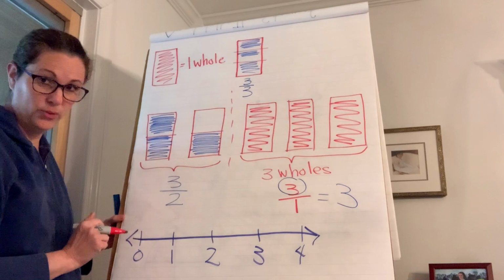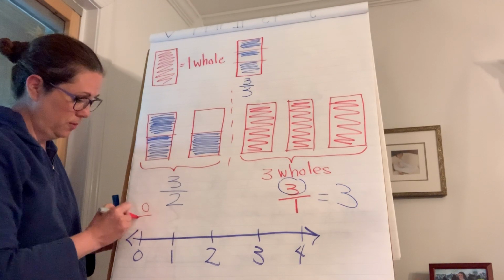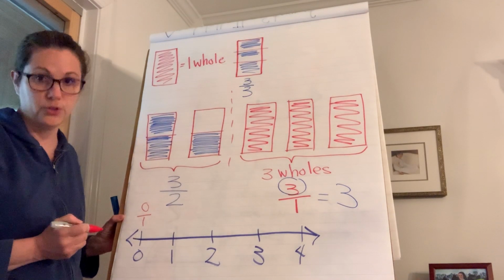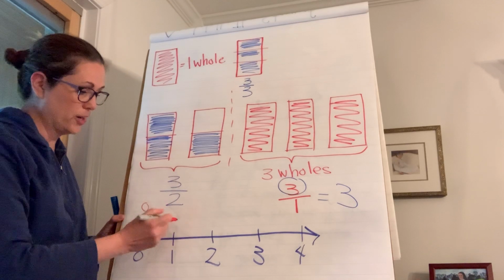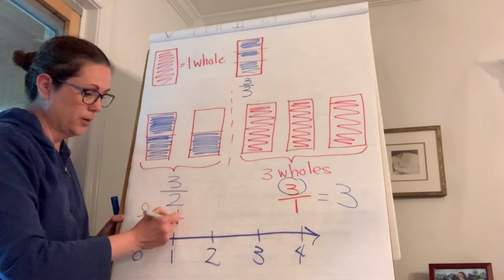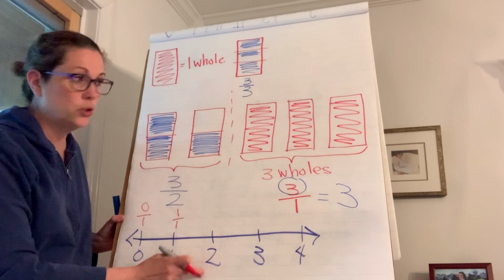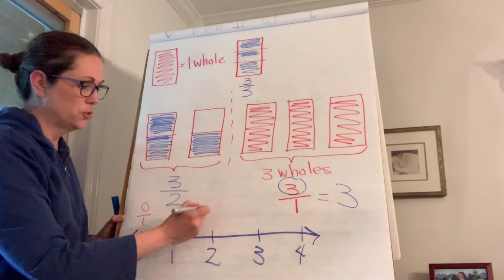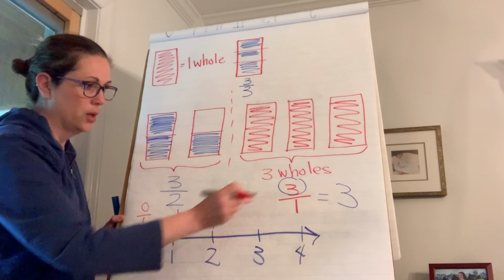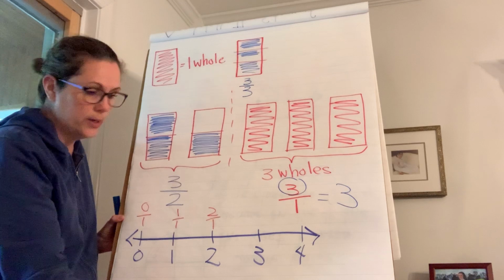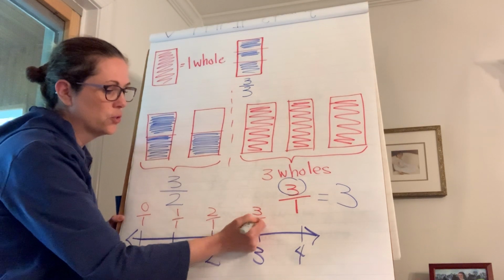So this really doesn't make much sense. The fraction for 0 is 0 over 1. The fraction for one whole thing is 1 over 1. The fraction for 2 whole things is 2 over 1. We already know the fraction for 3 whole things is 3 over 1.